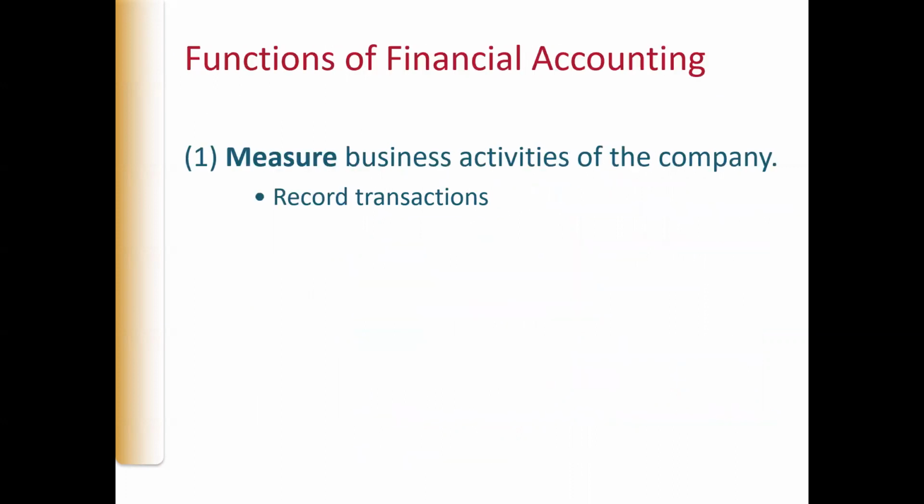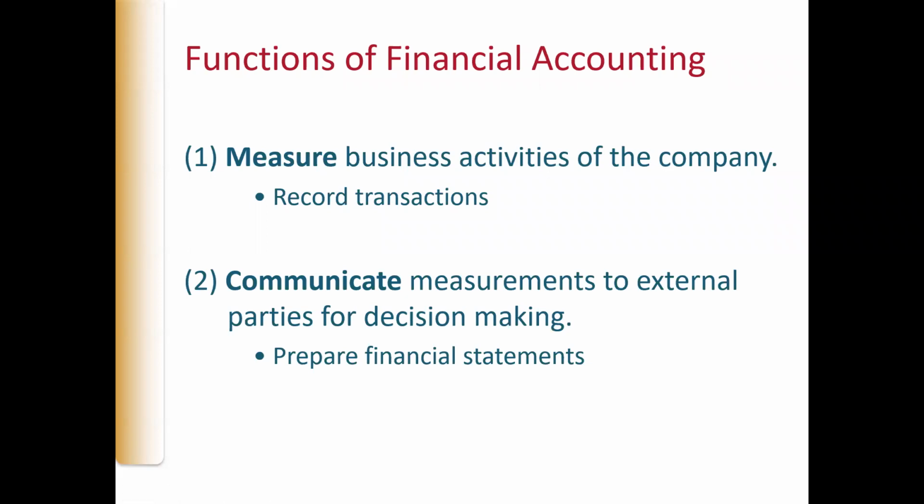So we learned from Chapter 1 that the two functions of financial accounting are to measure the business activities of the company, which we do by deciding what categories they go in, and we're going to learn this week how to record transactions.